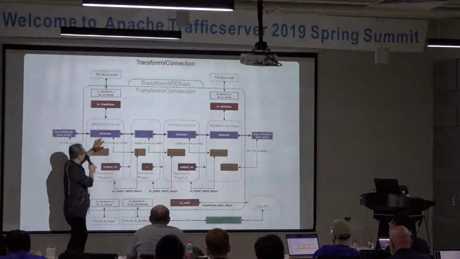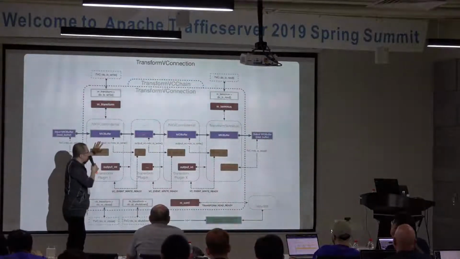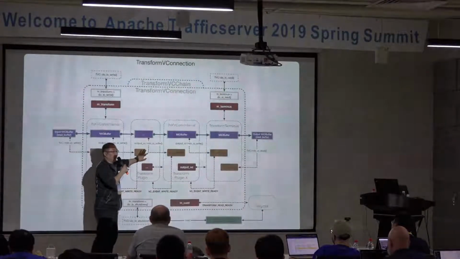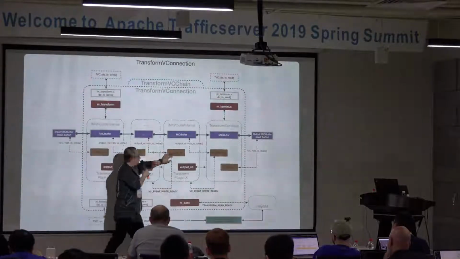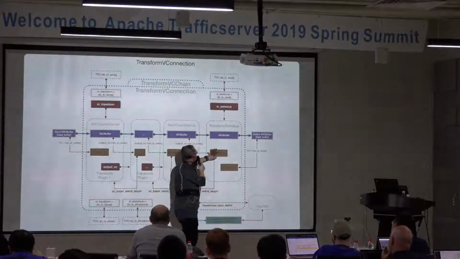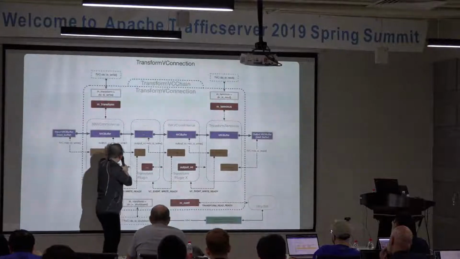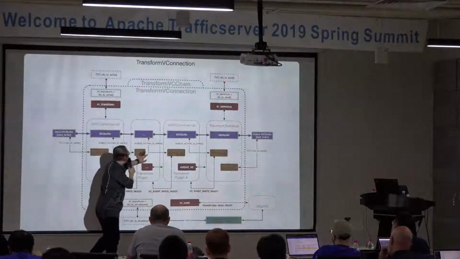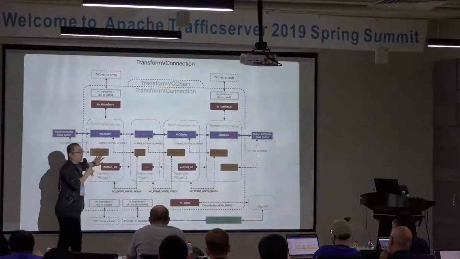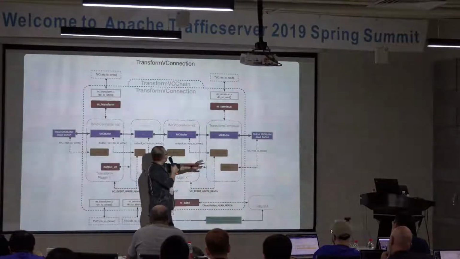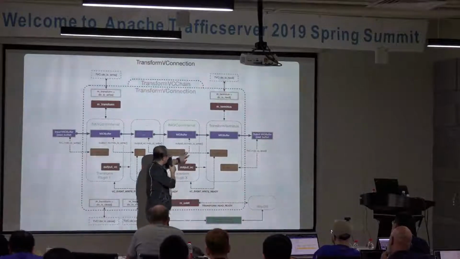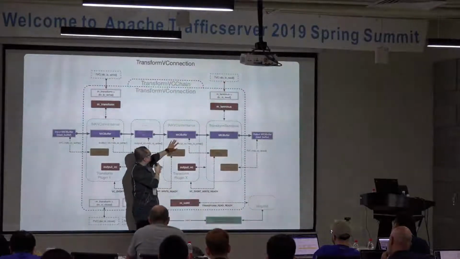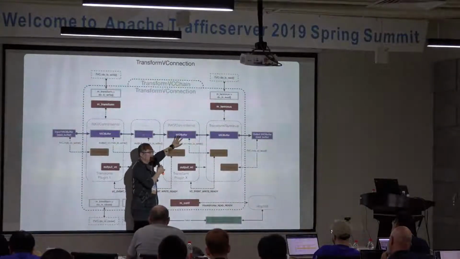The first one is the upstream of the next one. Sorry, the first one is the second one's upstream. The second one is the first one's downstream. So the terminal has its upstream from the last VConnection internal.